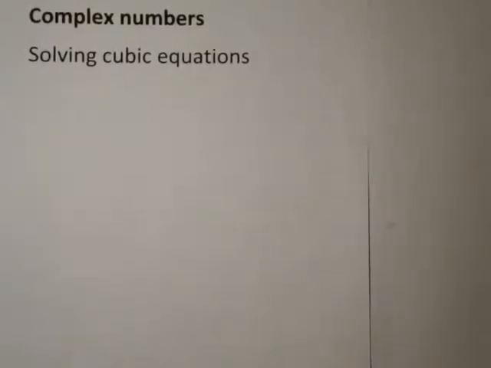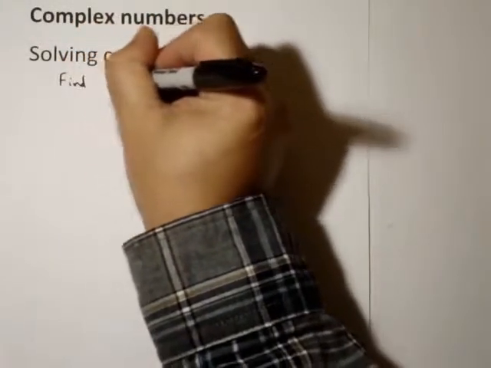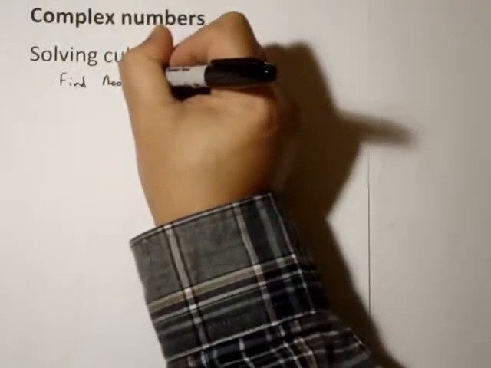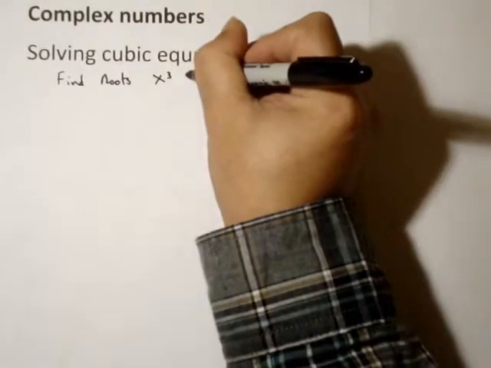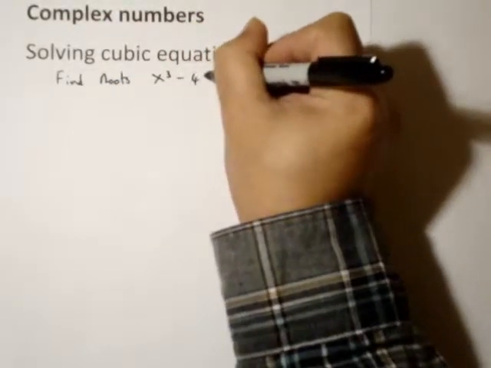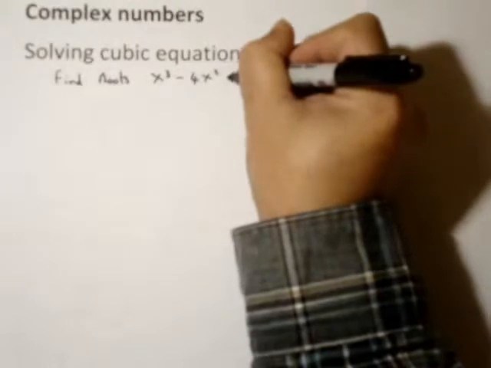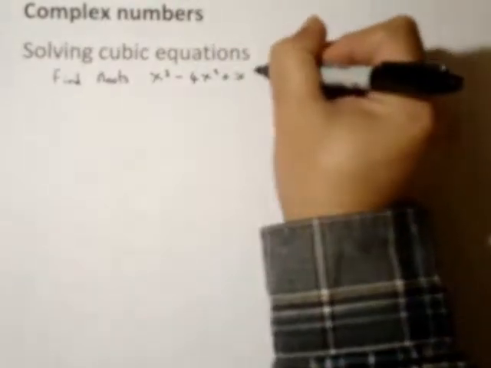Okay, let's look at a cubic equation where we can't find the roots so easily and we have to use the quadratic formula. So find the roots of x cubed minus 4x squared plus x plus 26 equals 0.